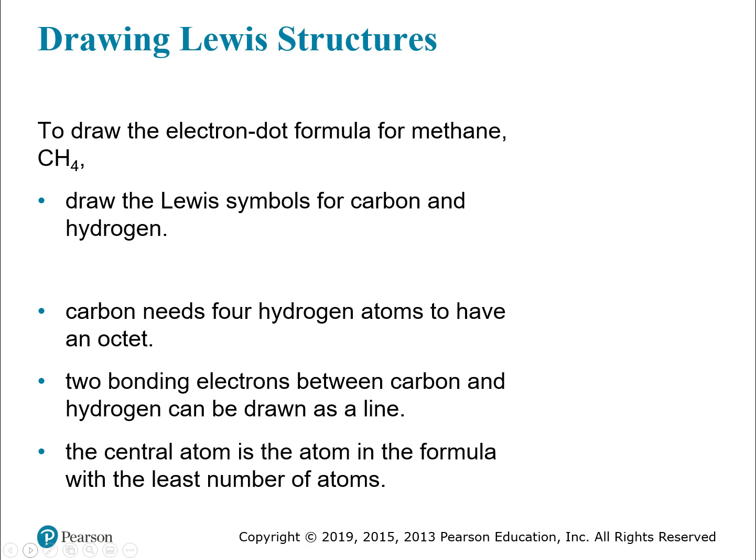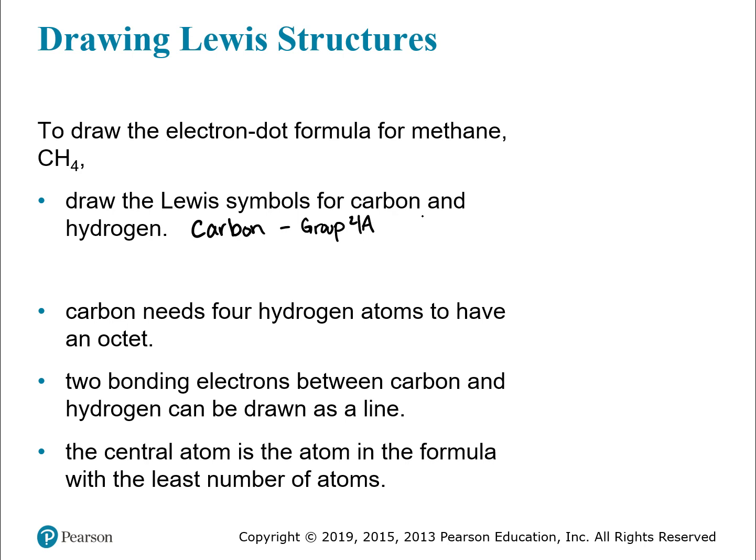So let's try drawing another electron dot formula. Only this time it's not going to be for a diatomic molecule. We're going to do it for methane, which has 2 different elements in it. We're going to start by drawing the Lewis symbols for carbon and hydrogen. You look at your periodic table and figure out what group carbon is in.